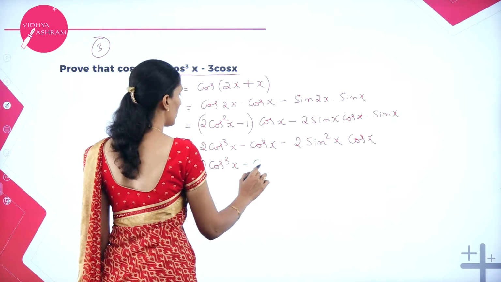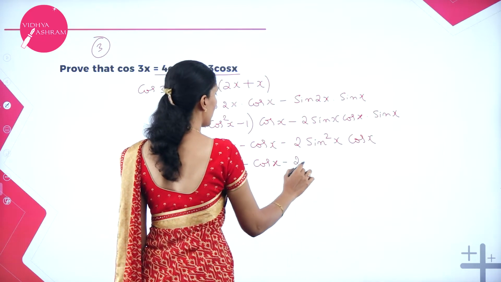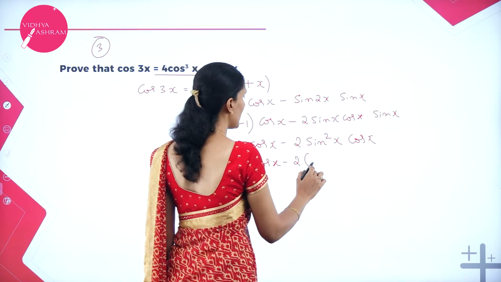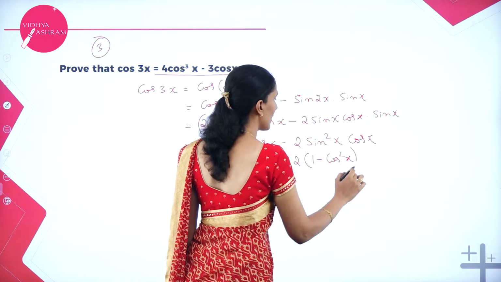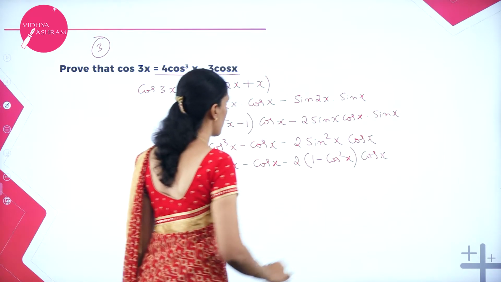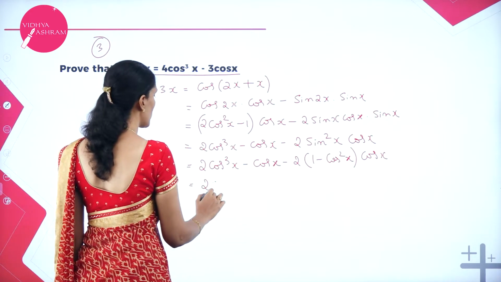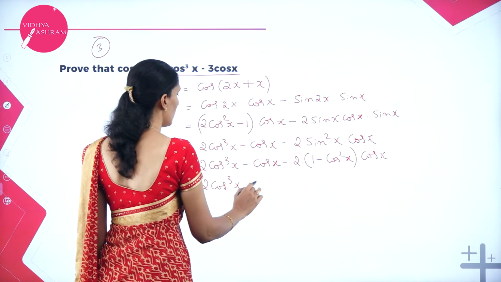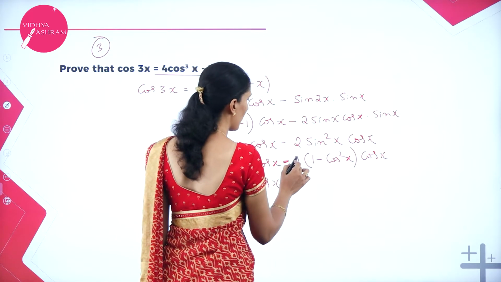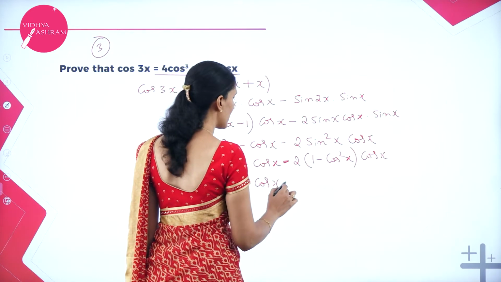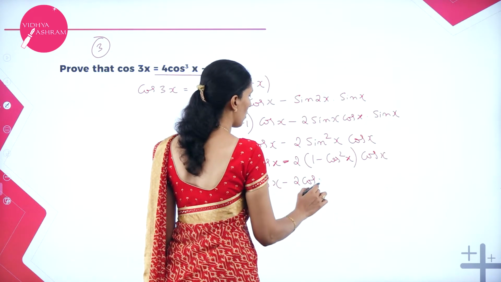So this is equal to 2 cos cube x minus cos x minus 2 into (1 minus cos square x) into cos x. So now you got 2 cos cube x minus cos x. Here leave this minus, multiply 2 into 1, 2 cos x, it is minus 2 cos x.